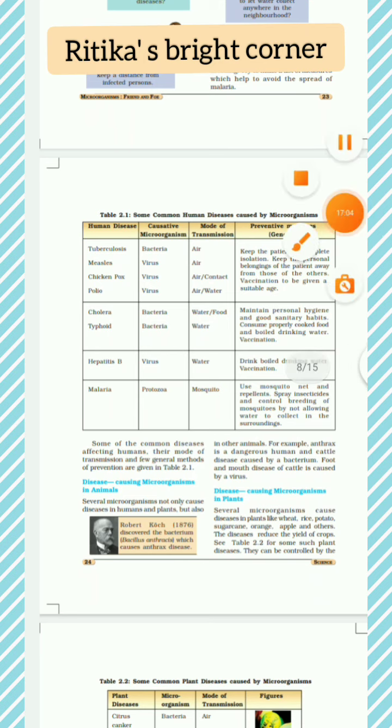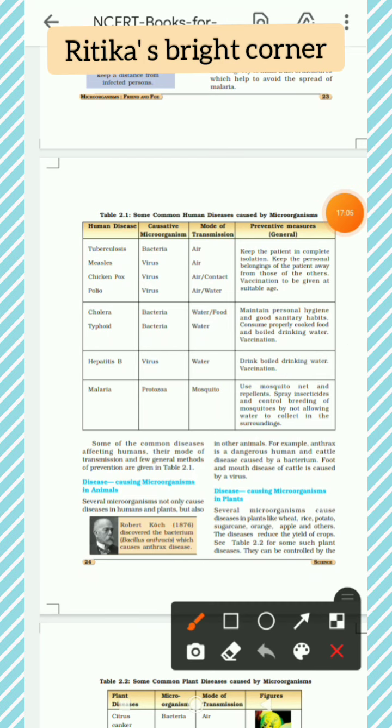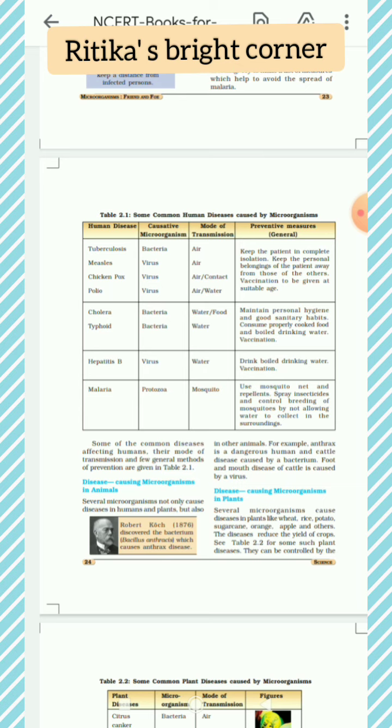As you can see in this table, there are some human diseases, causative microorganisms, modes of transmission and preventive measures. You should know all these preventive measures, modes of transmission and causative microorganisms of human diseases. So let's just read the whole table.